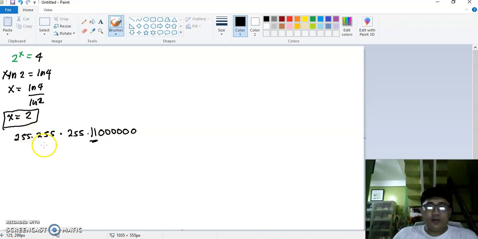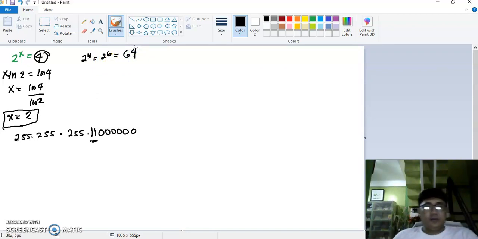If you have 2 ones, therefore you have a network of 4. You have a host of 2 raised to the power of 6, that is 64.